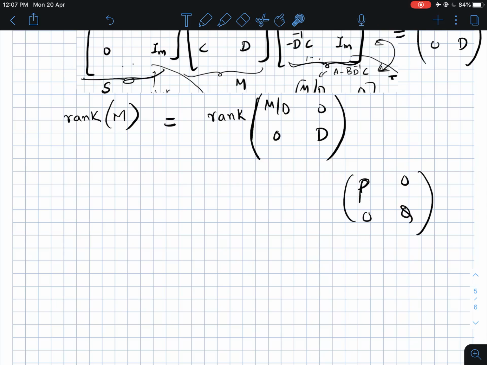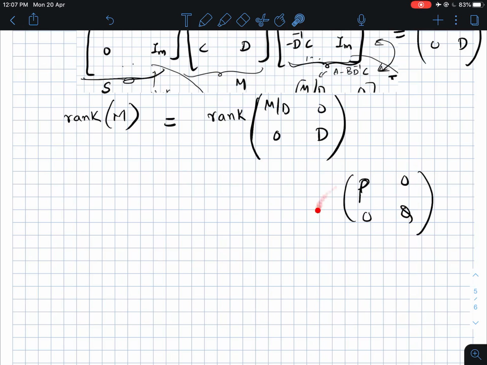So if I construct a linear combination of columns, any column here is going to be linearly independent of any column here. So all I can simply do is pick a linearly independent set of columns from here and a linearly independent set of columns from here and put them together.